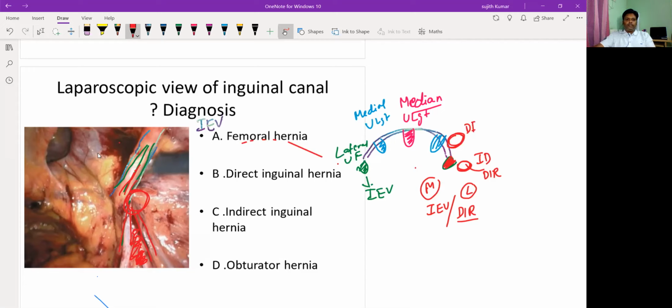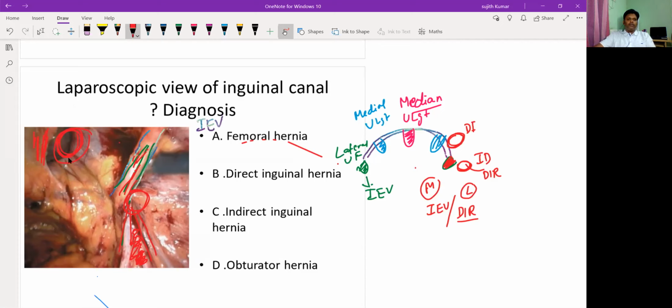In this picture, you can see that this is the lateral umbilical fold because the inferior epigastric vessels are just medial to it, and this structure is the medial umbilical ligament. In between them you are getting the defect, with an outpouching.